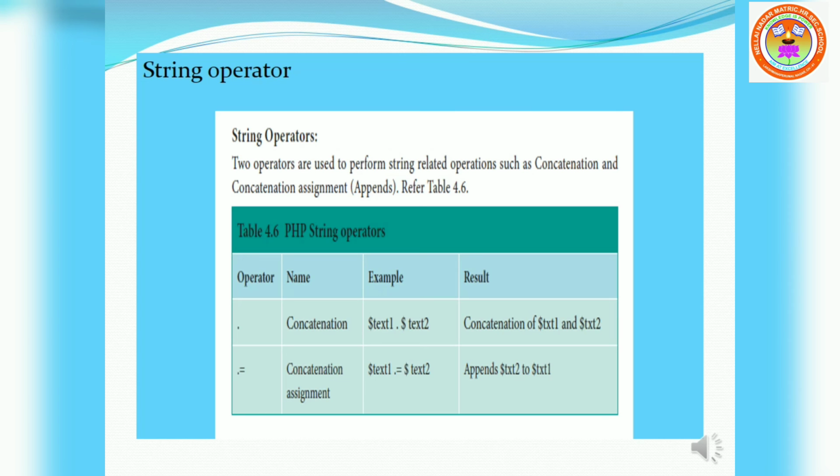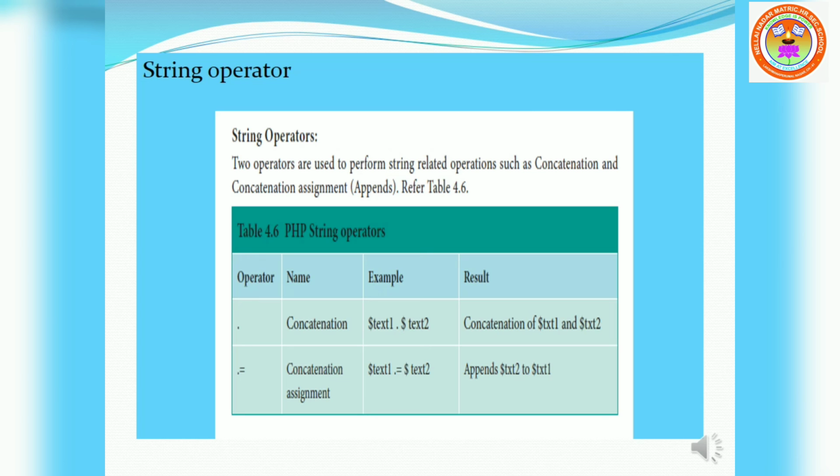So for concatenation, the operator is the dot operator. And one more operator is dot equal to. $text1 dot equal to $text2. Whatever is already available, with that it will append.